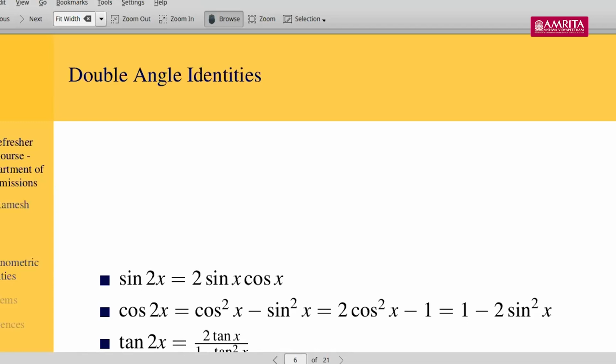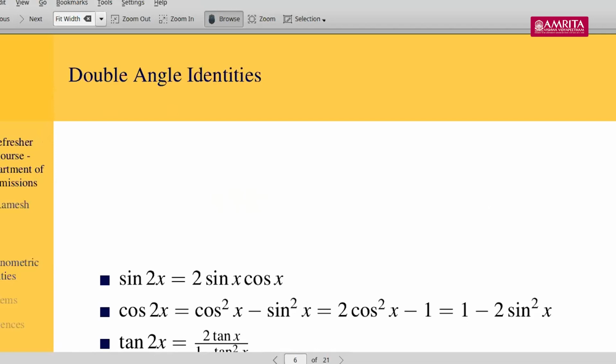We are getting 2 cos square theta minus 1. If you replace cos square theta in the second identity, where cos square theta is equal to 1 minus sine squared theta, I am getting 1 minus 2 sine squared theta. So cos 2 theta has three identities. One is cos squared theta minus sine squared theta. The second one is 2 cos squared theta minus 1.